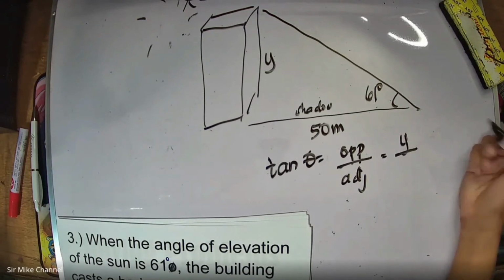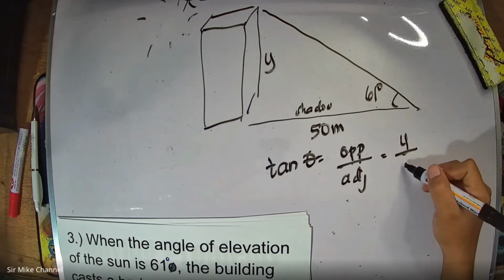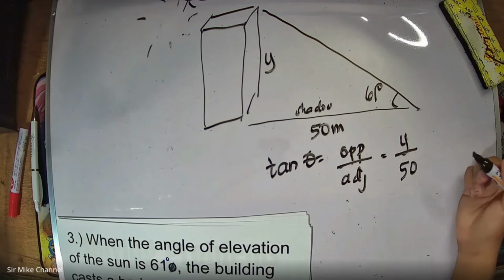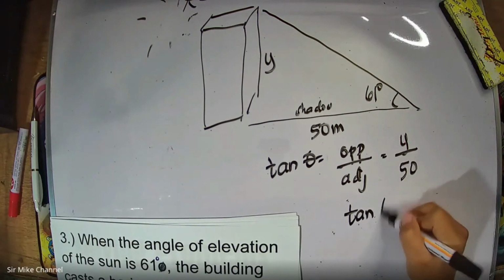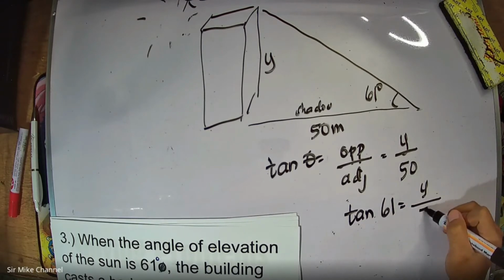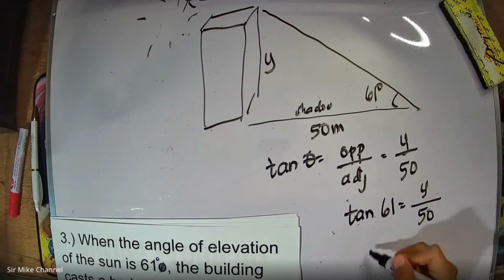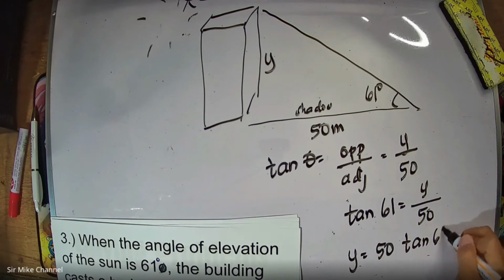Ito yung nawawala. And yung shadow natin, yung adjacent natin is 50 meters. And then yung tangent theta natin 61. So y over 50. So cross multiply natin yan. So y is equal to 50 times tangent 61.